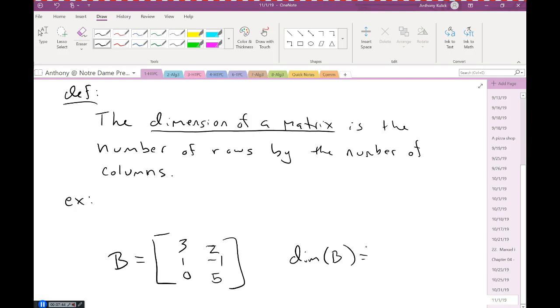So how many rows does matrix B have? 3. Rows go left and right. 1, 2, 3. And the number of columns is 2. So this matrix is a 3 by 2.